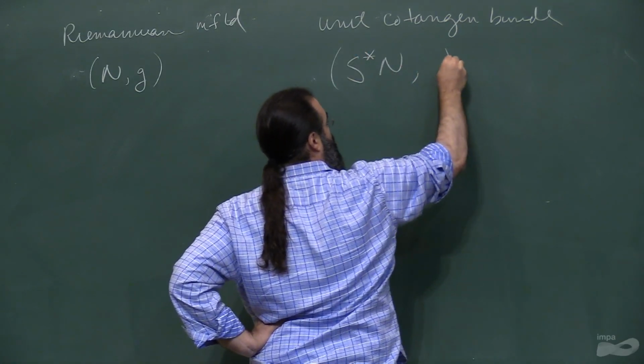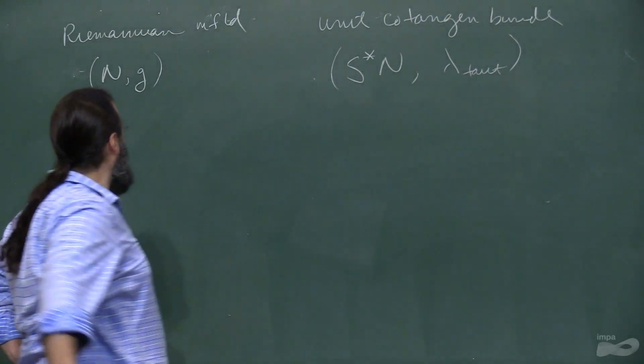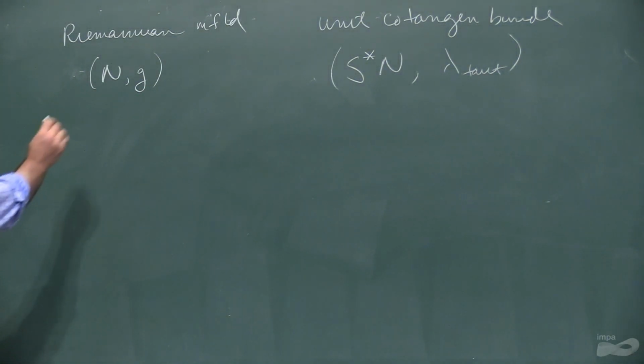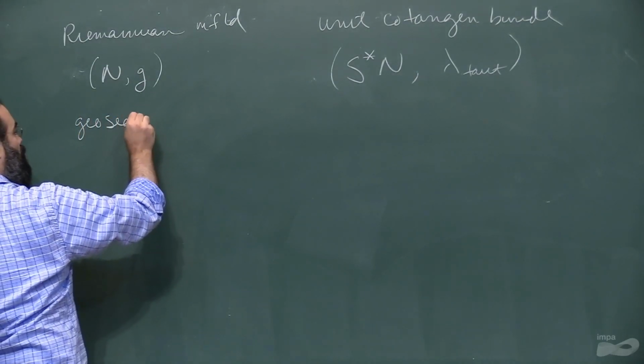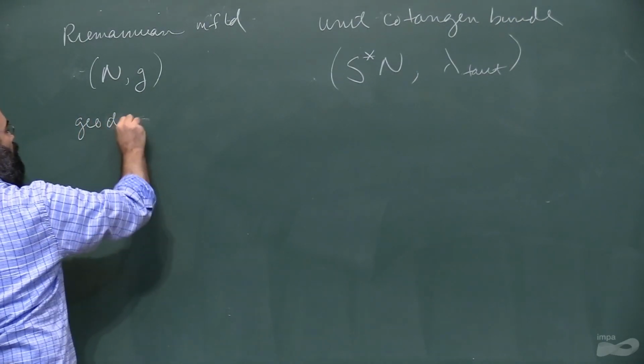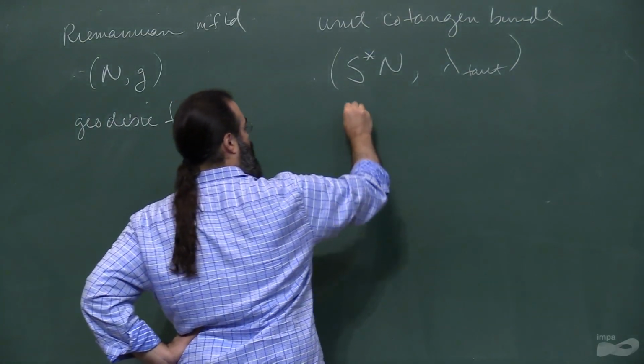And equip this with the tautological one form. And so this is a contact manifold. And over here we've got a geodesic flow, which lifts to Reeb flow over here.